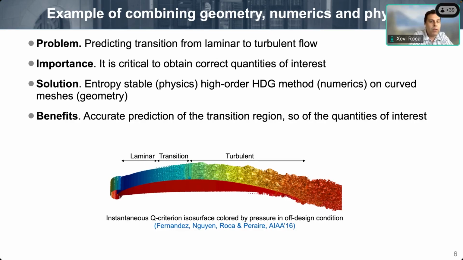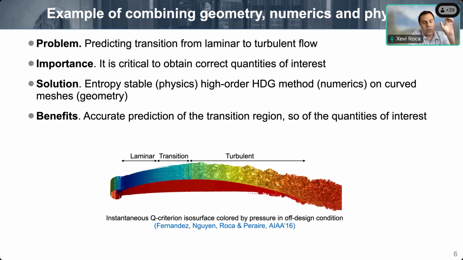The free stream goes from the left to the right, and on the first part of the flow, you have a really well-ordered flow. It's a laminar flow that is attached to the flying surfaces. Then you have a transition region where small perturbations grow exponentially until the point that you get this nonlinear behavior, this turbulent behavior with these eddies and fully chaotic flow.